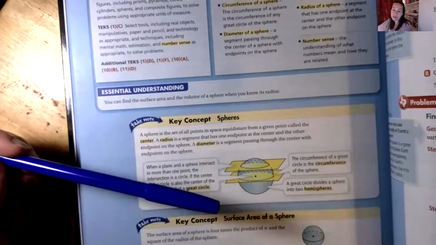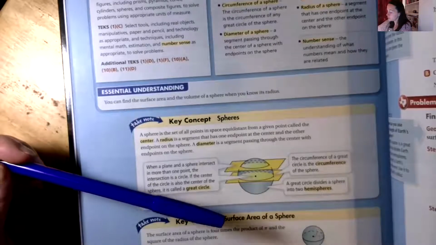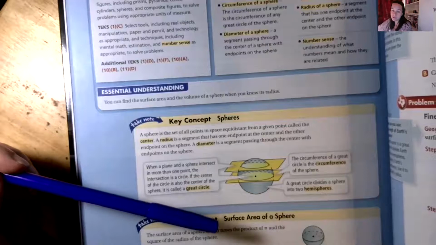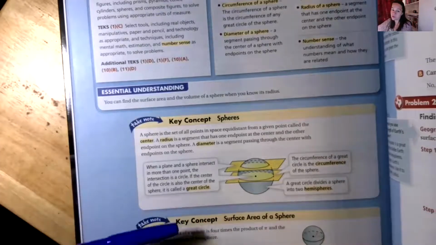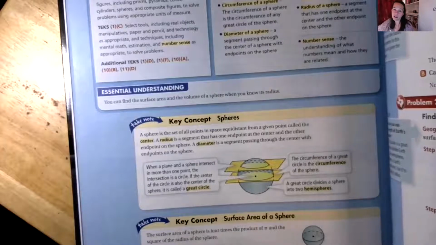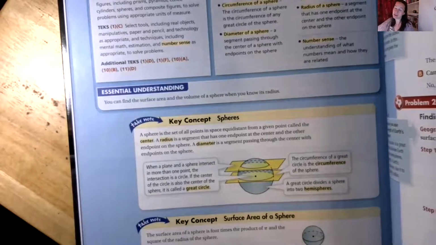Well, when a plane and a sphere intersect in more than one point, the intersection is always going to be a circle. And if the center of the circle is also the center of the sphere, the name we call that is the great circle, in part because it's going to be the largest circle that you can find in a sphere by passing a plane through it.